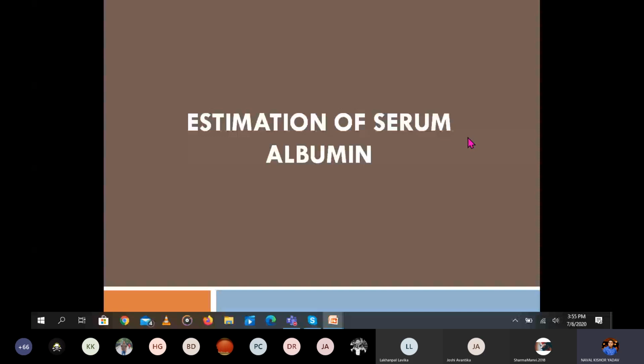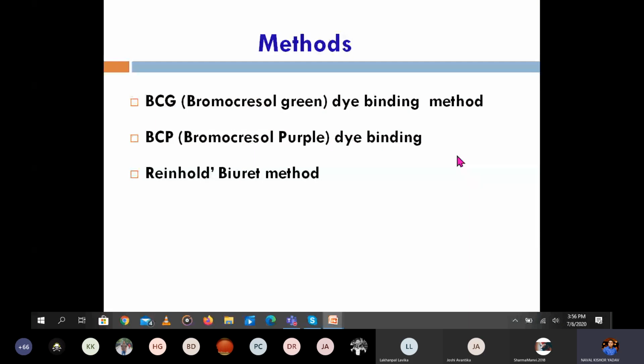And there is the Reinhold biuret method, a modification of the biuret method by a scientist for the estimation of serum albumin.